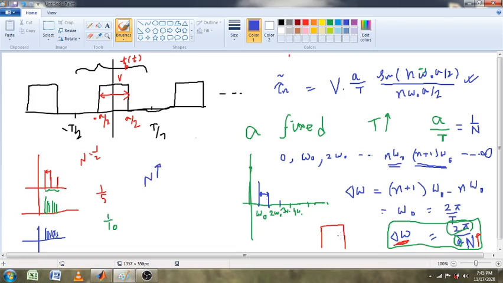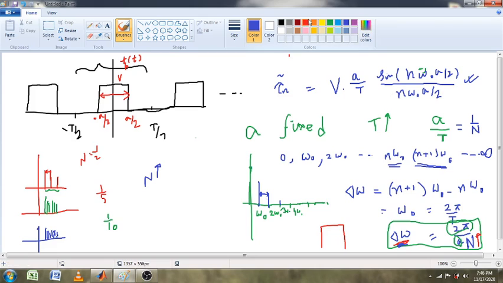Why is this happening? Because we saw that the distance between the two spectral lines is actually dependent on n, or a by T, right? So if I keep a fixed and keep on increasing the time period, we are essentially decreasing a by T and increasing n, right? And the result is simple: the spectral lines become closely spaced. That is one.